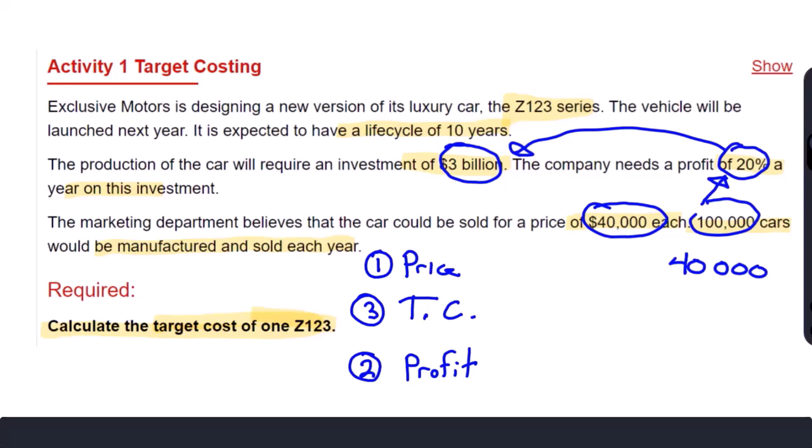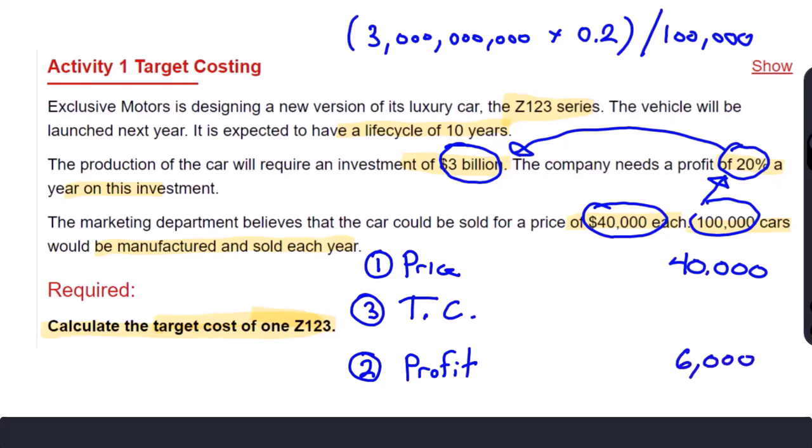So that will be 3 billion. That's a lot of zeros, isn't it? Multiplied by 0.2 divided by 100,000. And that comes to $6,000 profit per car.